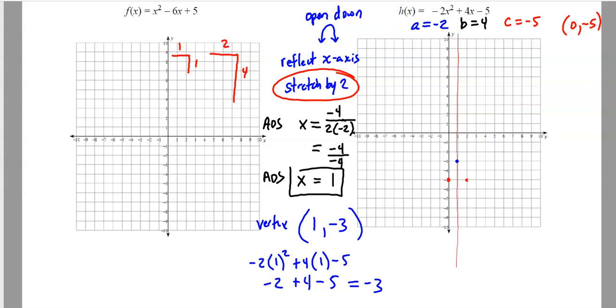But if we're stretched by a factor of 2, we need to multiply these by 2. So really we're going over 1 down 2, which is exactly what happened here. So if you kind of come to your little piece, we actually went over 1 down 2, over 1 down 2. Well, now we're going to go over 2 down 8.